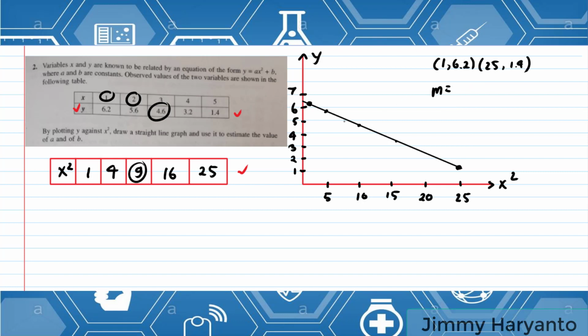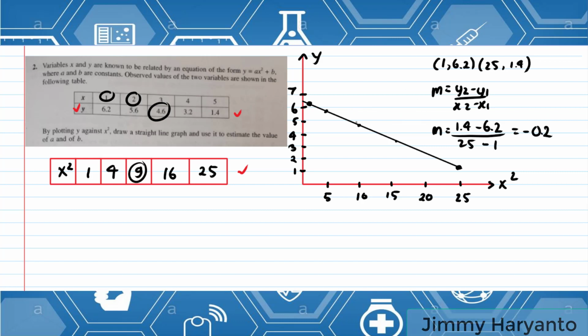To get the gradient, you can use rise over run, but if the numbers are not integers, we can use this formula, y2 minus y1 over x2 minus x1. Then we will have the m. The y2 is 1.4 minus y1 is 6.2 over x2, 25 minus 1, and the result is negative 0.2.